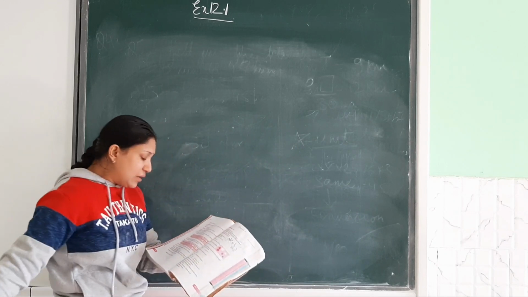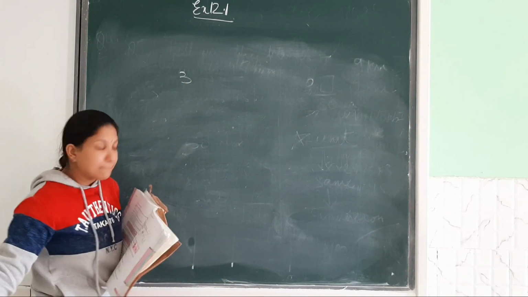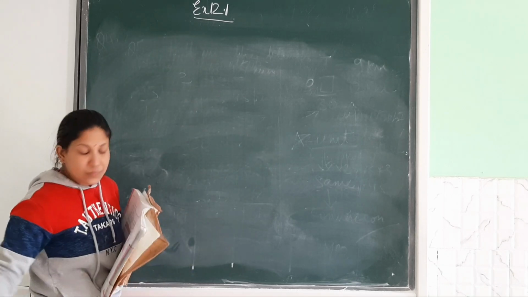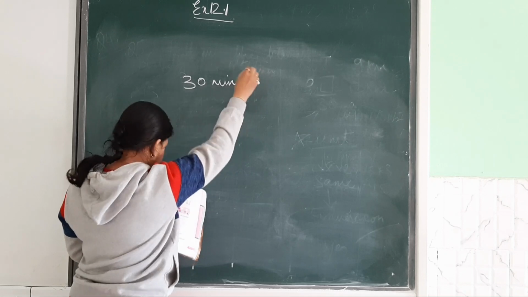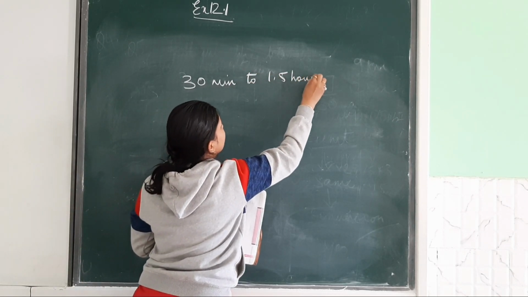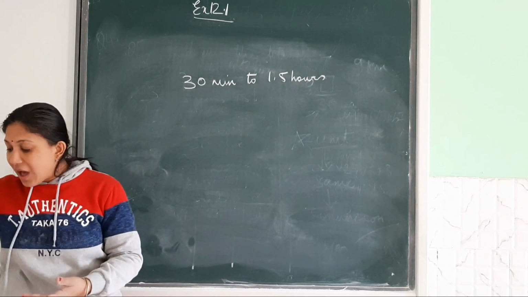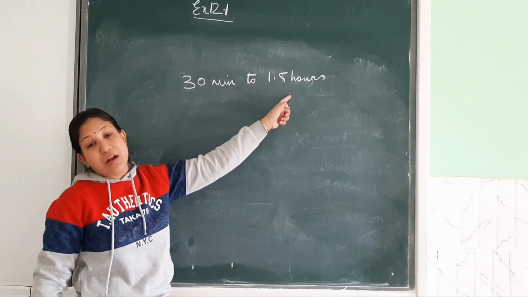Now see, in the next question, check this one. See, 30 minutes to, what is given? It is given 1.5 hours. See children, can we have the ratio of these two numbers? No. Why? Units are not the same.